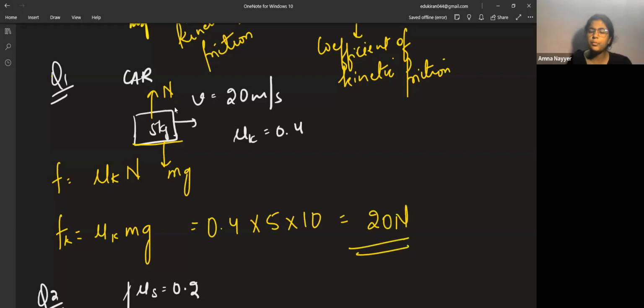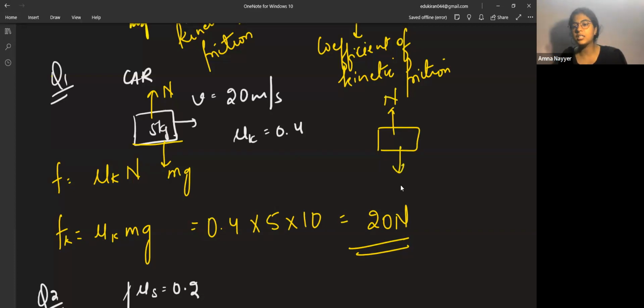This concept should be clear to you, that if a body is there, when you draw its FBD, in the last class I told you free body diagram, when you isolate the body and write all the forces which are acting on it. So normal reaction and mg, they are balancing each other. In this case, if any other force is acting like buoyant force and all, there are lots of forces which you will study slowly.